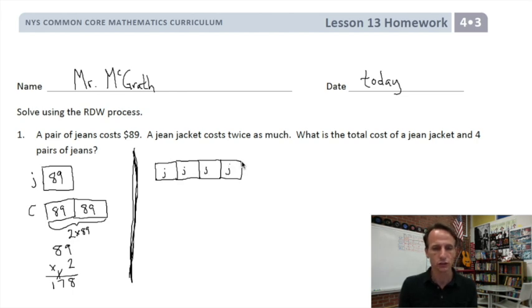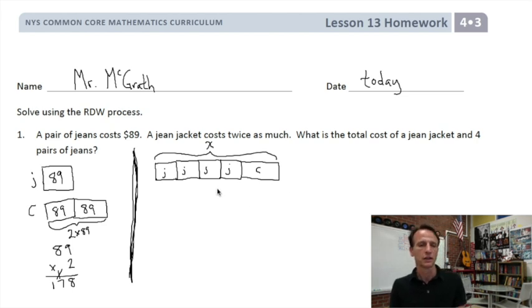Then I'll draw the coat a little bit bigger, twice as big, because it's twice as much. This is what we're trying to find, and we'll just call that X because we're running out of letters. So 4 pairs of jeans and 1 coat.